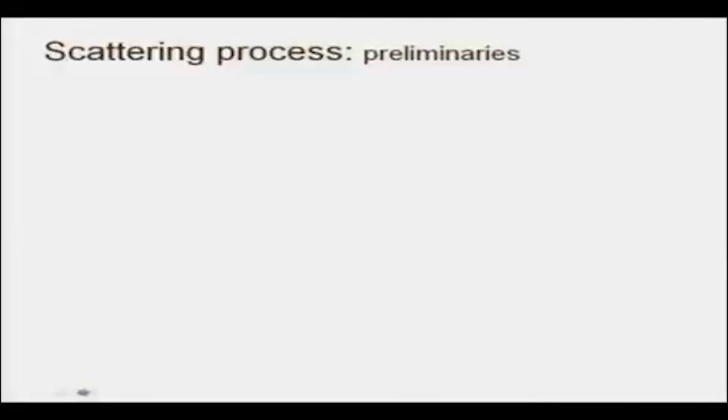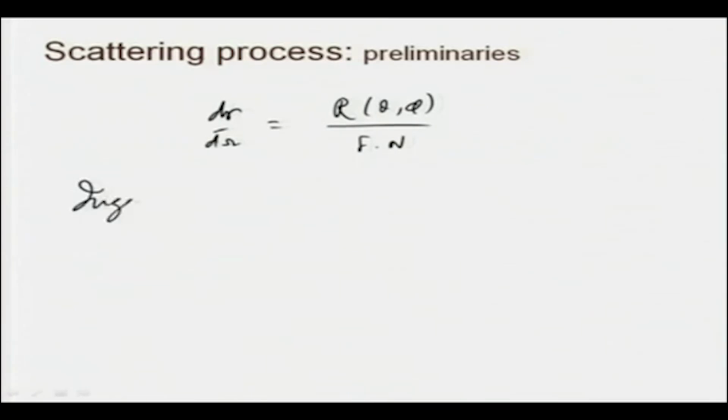All right. So we have d sigma over d omega equal to R(theta, phi) over F n, correct. Now, we can integrate this. What do you mean by integration? Mathematically you can integrate this expression, but physically what happens?